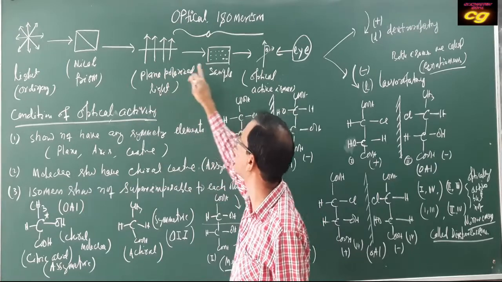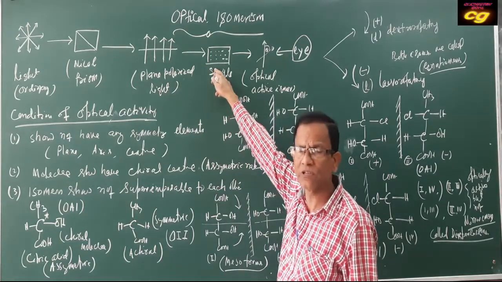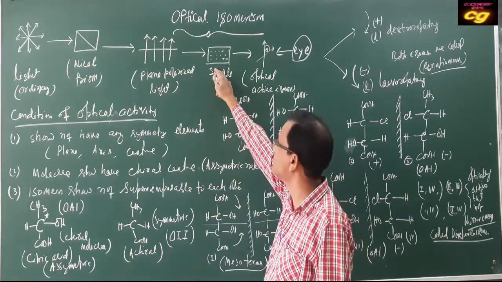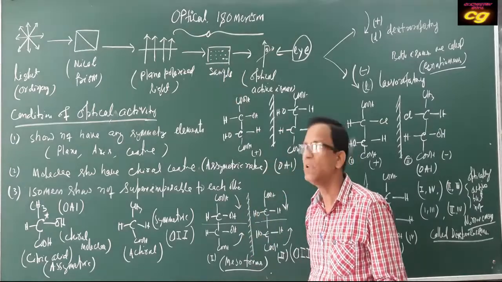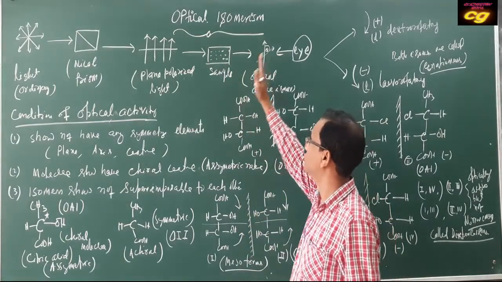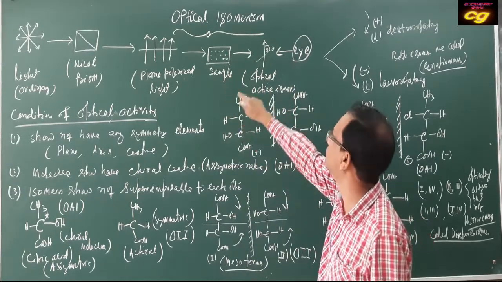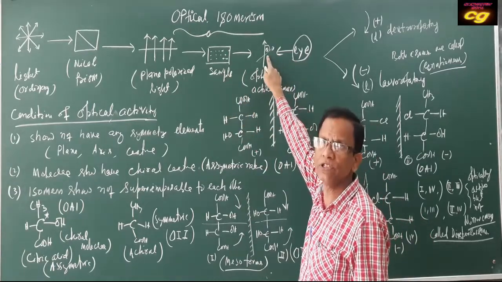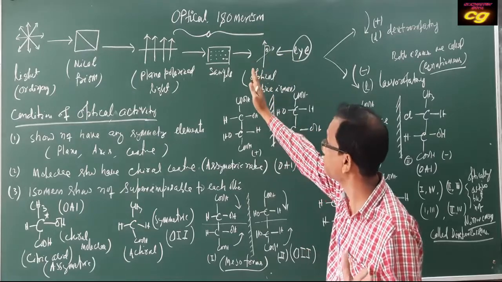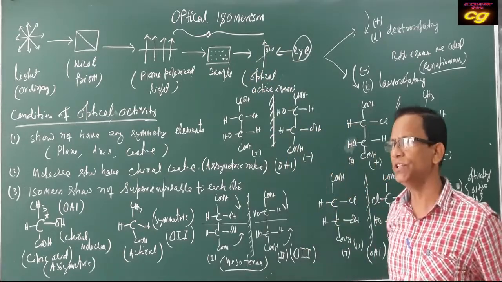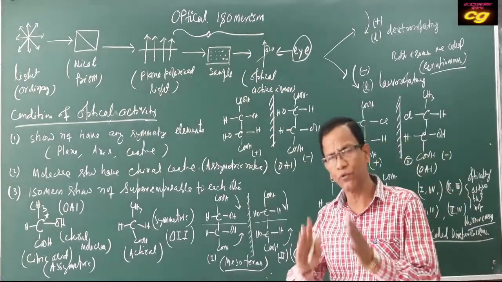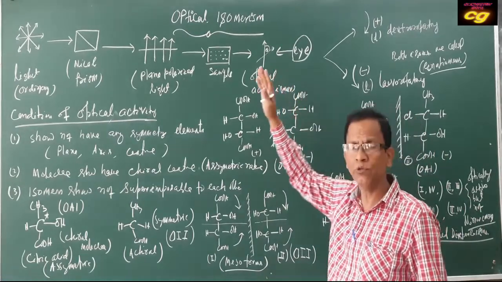When this light passes through the sample of an organic substance or any optically active substance, if it is optically active, then the sample rotates the light either in clockwise or anti-clockwise direction. You can watch the rotation of light, the angle of rotation, using a polarimeter.